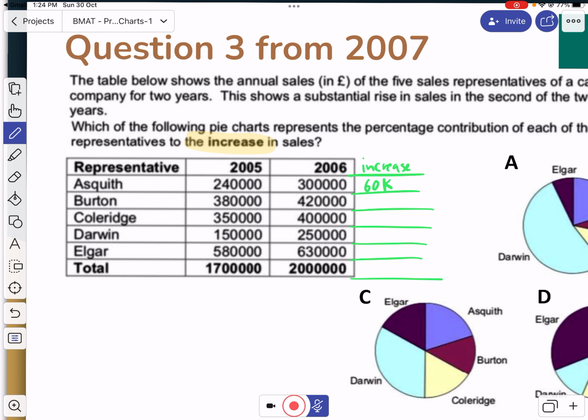Okay, so 40K, 50K, this is 100K, this is as well 50K, and 300K for the total increase. Okay, so step 1, we calculate the increase.